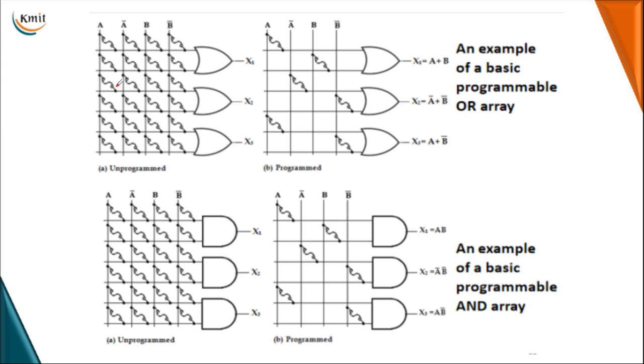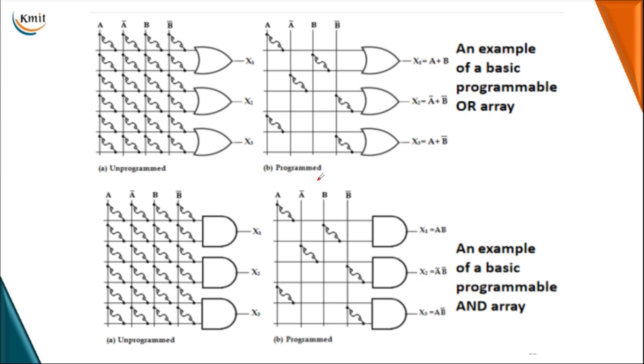If your OR array is programmable, all the inputs are connected with the fusible links. The vertical lines indicate the inputs of your function, and the horizontal lines indicate the input lines of your OR gate.